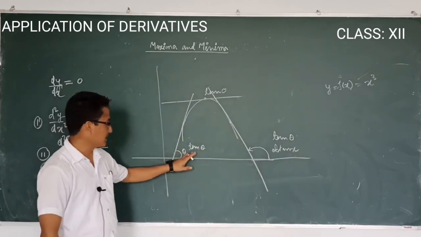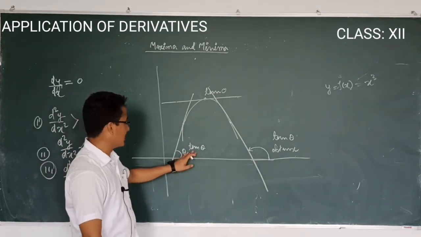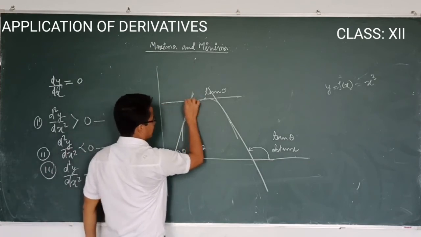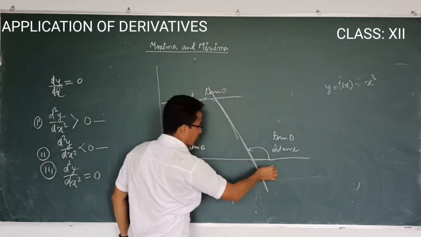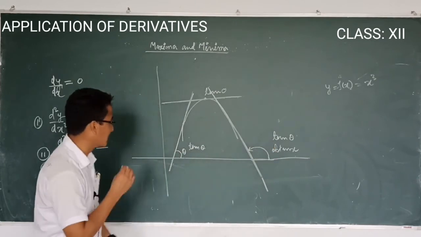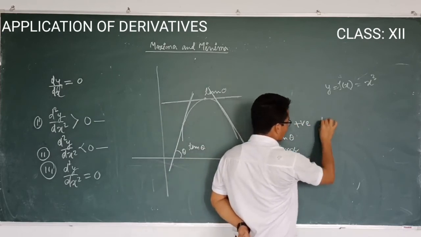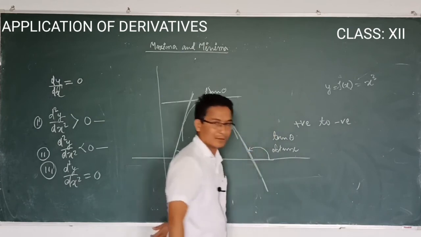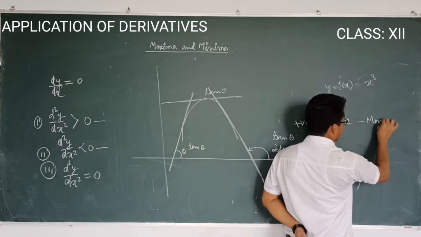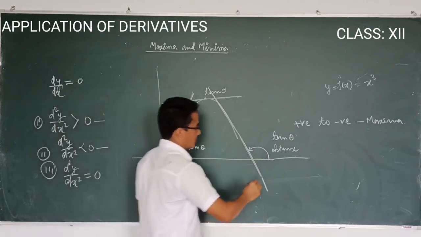Now you see tan theta, here tan theta, this is also tan theta. Tan theta means the slope. Theta is acute here, which means a positive value. When we travel, this is positive, then 0, then obtuse, meaning theta greater than 90 degrees, which gives a negative value. So when we travel from positive value to negative, what do we get?